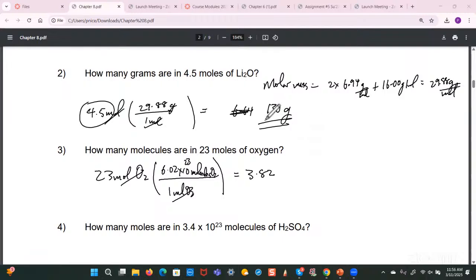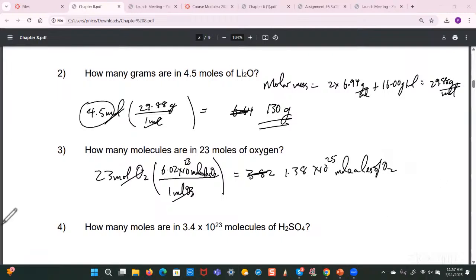Oh wait, hold on, I did something wrong. 23 times 6.02 times 10 to the 23. Okay, I got 1.38 times 10 to the 25. That's what you got? Yes. Molecules of O2, okay. All right, very good.